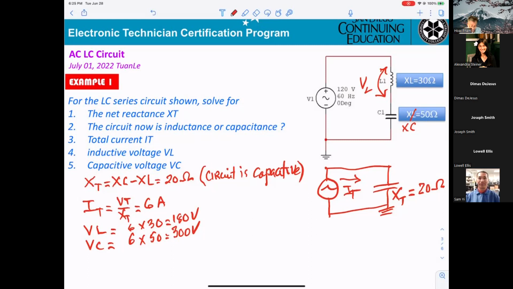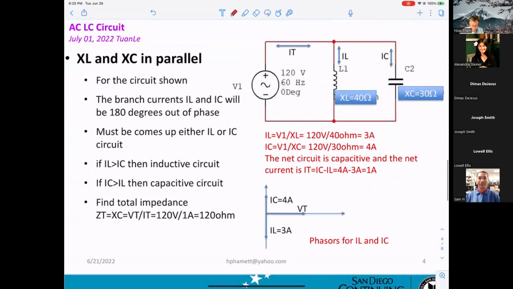Okay, any question up to this point? If not, this is maybe the last one: IL and IC now in parallel. For the circuit shown, the branch currents IL and IC will be 180 degrees out of phase. You must come up with either IL or IC.